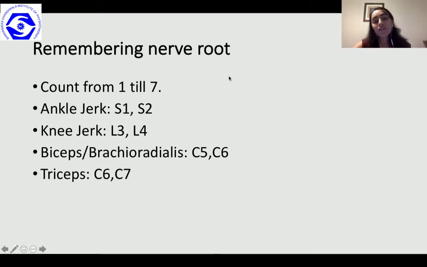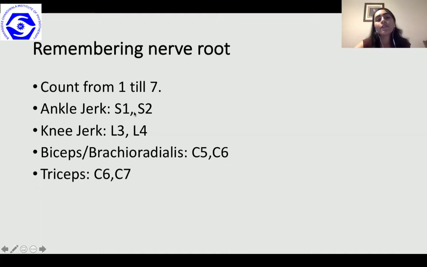So if we start from the ankle jerk, that's 1 and 2, and we know that ankle plantar flexors are supplied by the sacral nerve root, so we can remember the sacral nerve root that way. And 1 and 2 is the nerve root which will be affected.